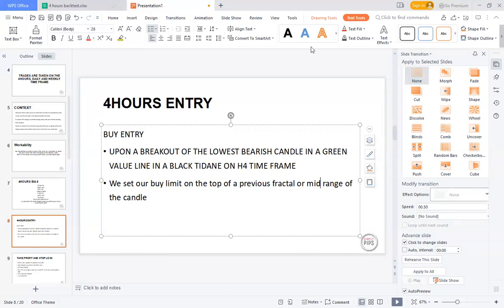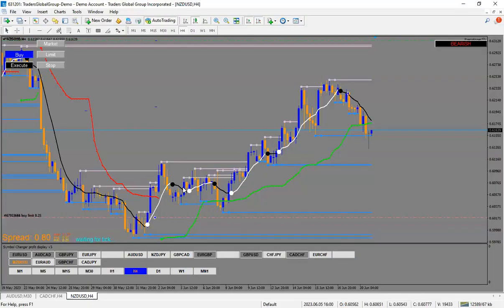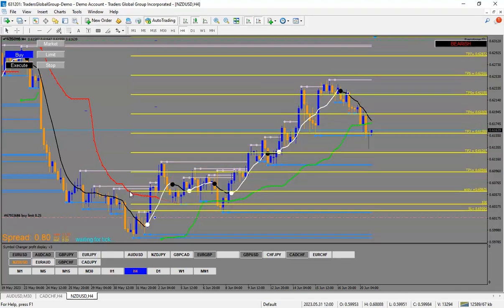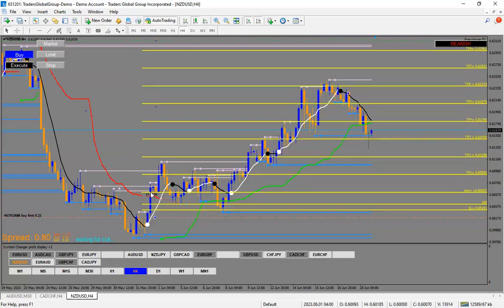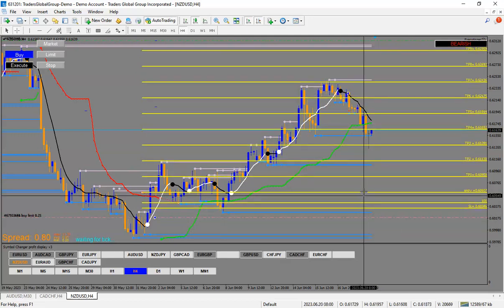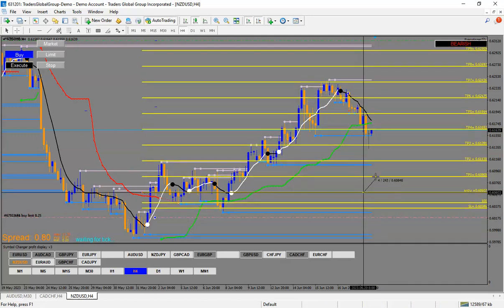Then once this has happened, this is my fib setting. You take your fib and I'm using bottom to top of this bearish candle, the close of the open of the bearish candle, because the stop loss, the number of pips, is little.